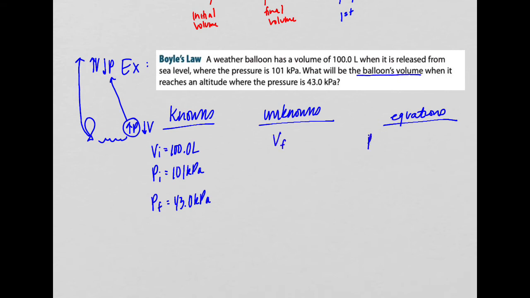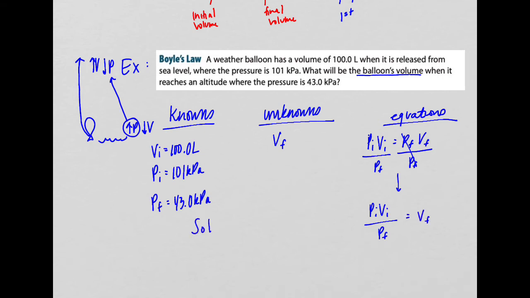We know that Pi Vi equals Pf Vf. So we need to rearrange this algebraically to solve for Vf. We will divide both sides by Pf. Cancel. We get Pi times Vi divided by Pf is equal to final volume.